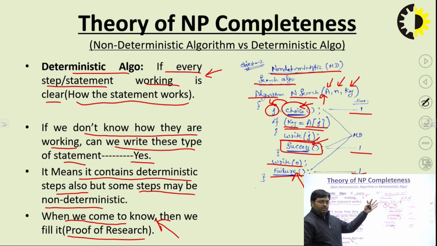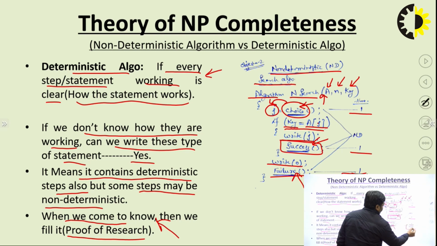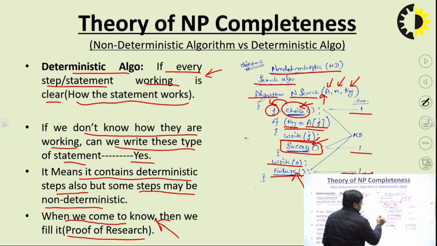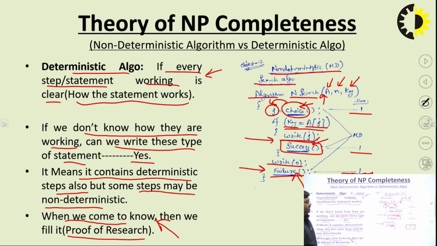All the functions take constant time, and the whole time taken is order of 1. This is the non-deterministic algorithm for searching a key in an array of n elements with the help of 3 non-deterministic functions, taking order of 1 time and giving the key with success. And if the key is not present, then it will go to failure.